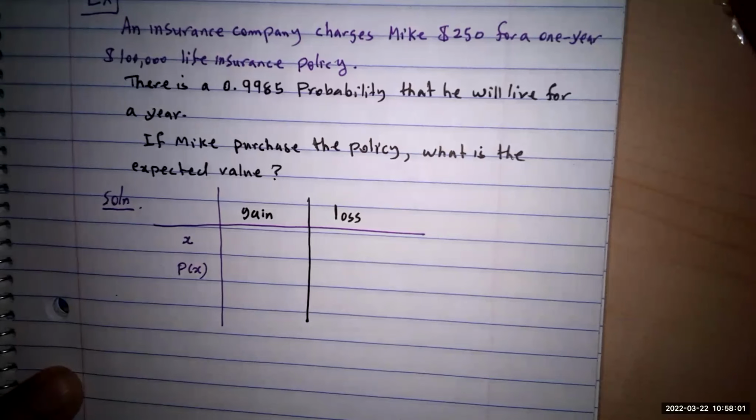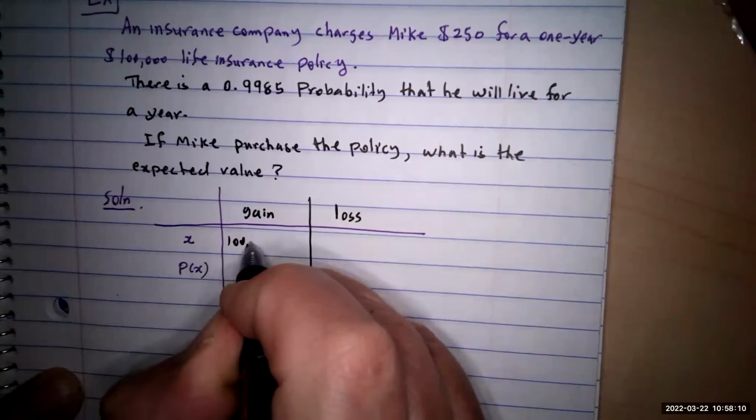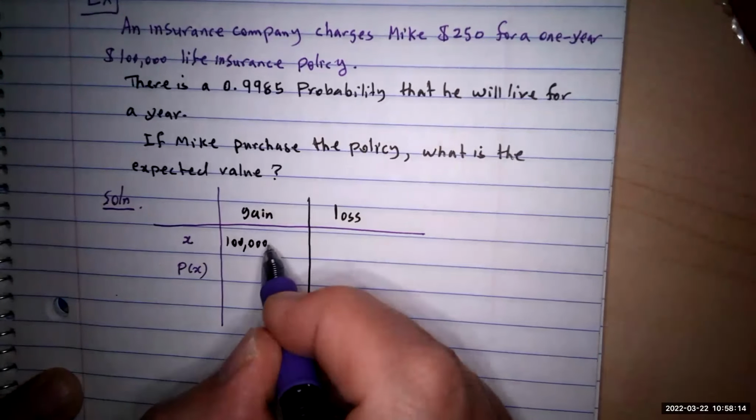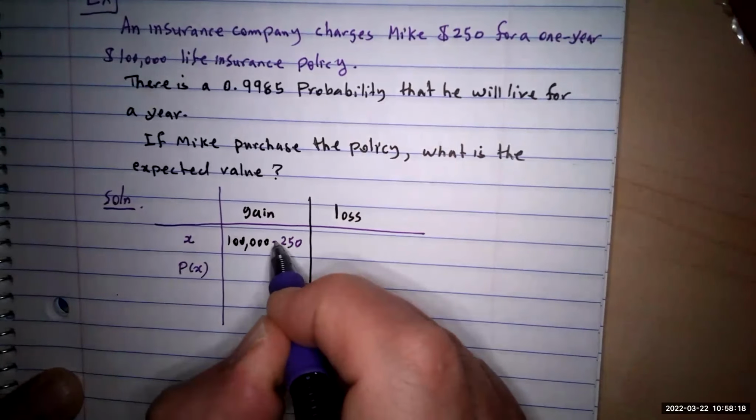Oh, we have to subtract the $250 fee. Yes, that's the tricky part. It's 100,000, but remember, we have to buy first. So it's minus 250. So that's going to be the gain.